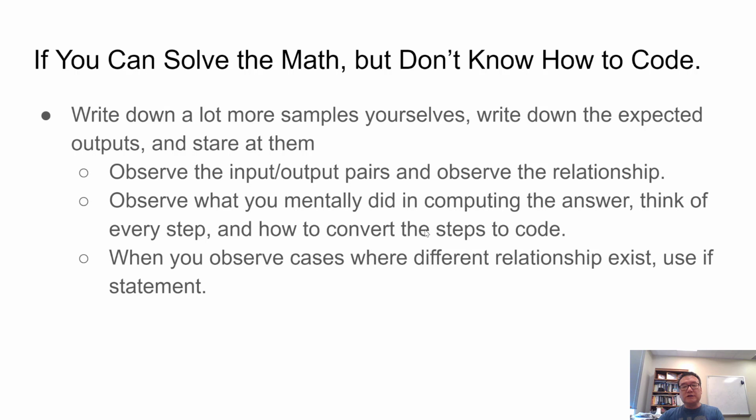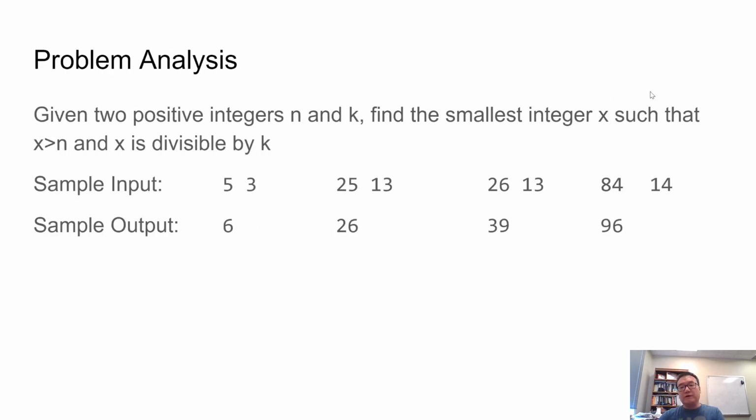So basically slow down, think of every step, what you are computing, and how the number you use is related to the input, and then convert your mental algorithm into code. These are, I think, two things that hopefully might help if you also have the situation where you can solve the math, but are having trouble coming up with the code. So assuming that you observe, I think one thing you can observe after writing down enough of these examples.